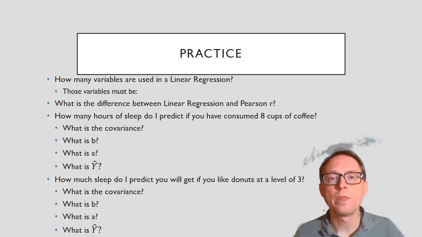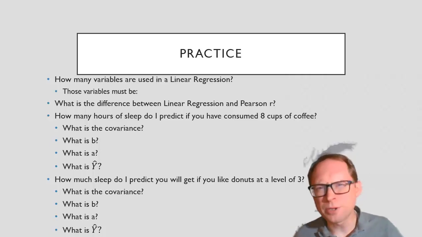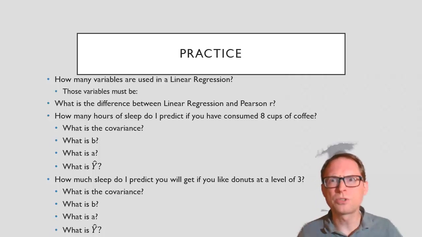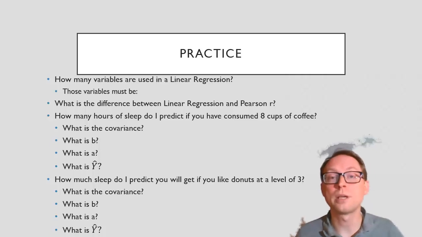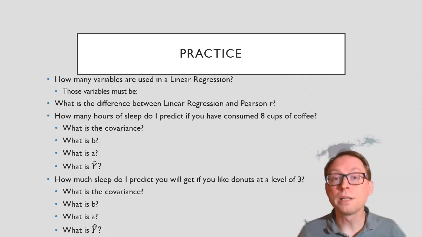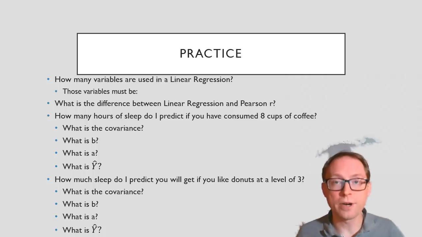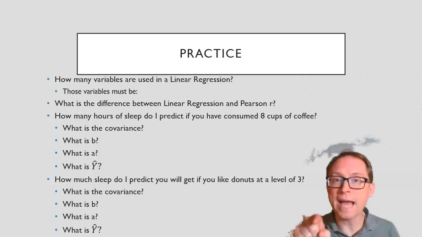Okay, well then, isn't that the same as a Pearson's R? Don't we use two continuous variables in a Pearson's R? What's the difference between linear regression and a Pearson's R? The difference is that linear regression is unstandardized. Whenever I give you a linear regression, I will tell you the exact amount of x, and I want you to predict an exact amount of y.